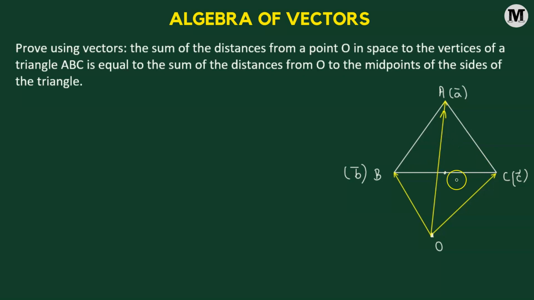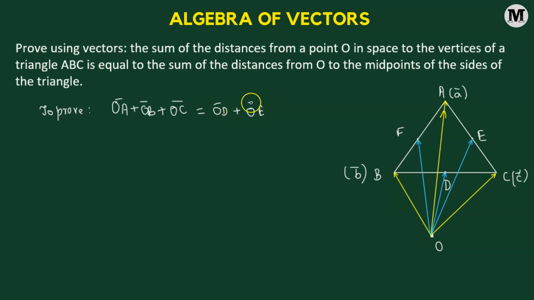We'll assume that the midpoint of the side BC of the triangle we're going to denote by D. Then we have the midpoint of the side CA, we're going to denote it by E, and the midpoint of the side AB, we're going to denote it by F. So we're also going to define the position vectors of D, E, and F with respect to the origin O. Our goal will be to prove that the sum of the position vectors OA plus OB plus OC, that means the sum of the position vectors of the vertices of the triangle, must be equal to the sum of OD, OE, and OF.